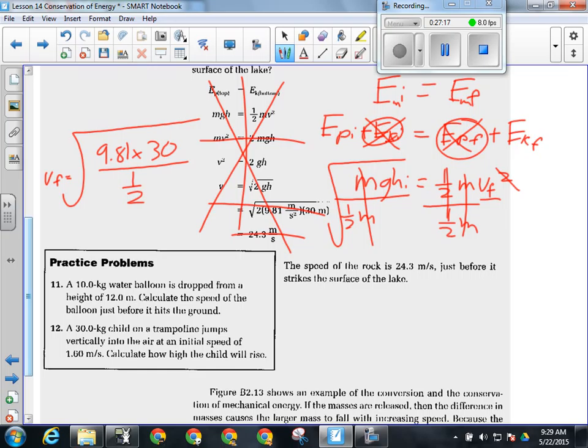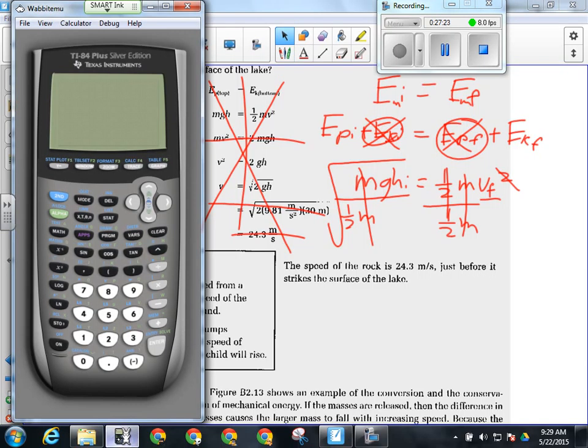And that'll give me the speed of the rock when it strikes the water. So 9.81 times 30 meters gives me that, divided by 1/2 gives me that, square root that. It's going to be moving at 24.3 meters per second when it strikes the lake.